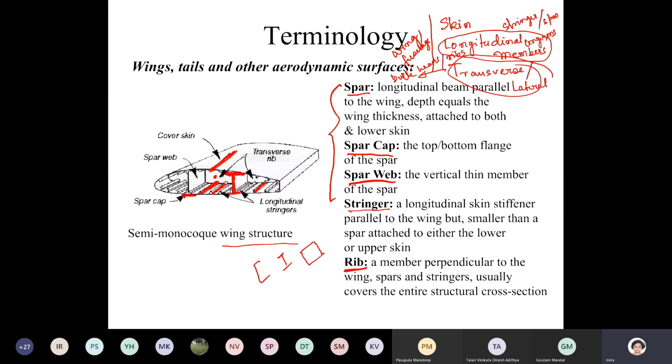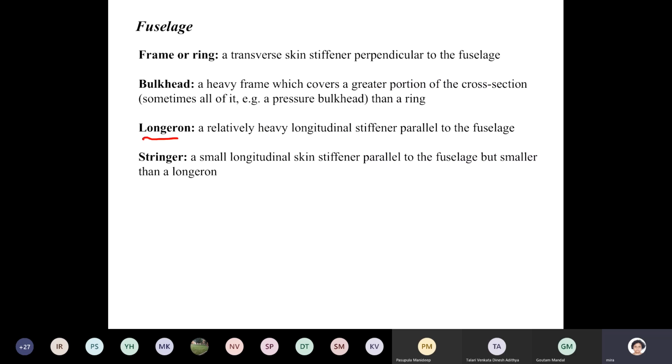Now next comes the fuselage. The fuselage also has longitudinal and transverse members, but in the fuselage the longitudinal members are called longerons and stringers. Stringers are smaller longitudinal members parallel to the fuselage, and longerons are relatively heavier or larger longitudinal stiffeners parallel to the fuselage. These two make the longitudinal stiffness of the fuselage, while the others make the lateral component. These are bulkheads.